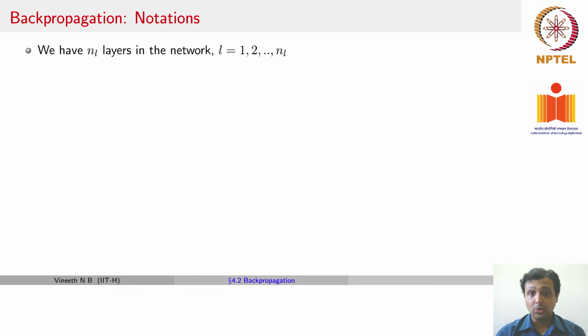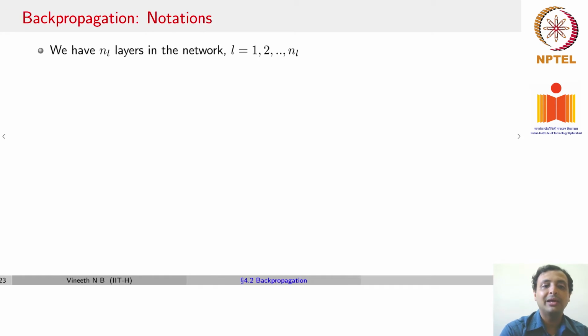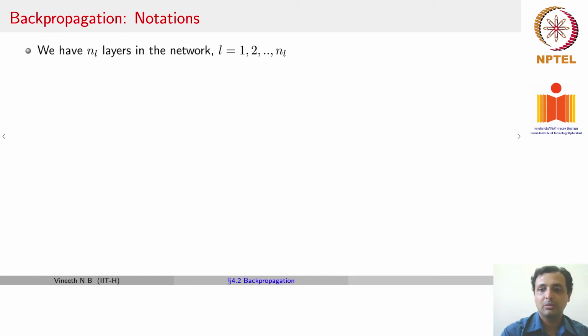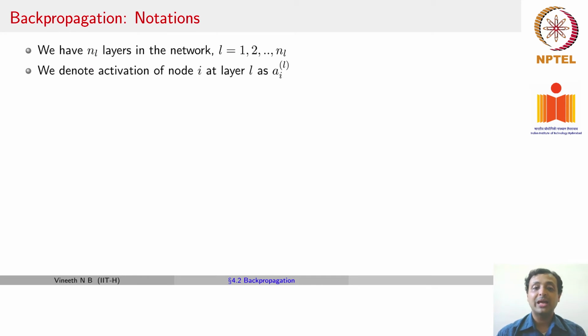Let's now define the notations to be able to define the backpropagation procedure completely. Let's assume that there are n sub L layers in the neural network, going from 1 to n sub L. Let's denote the activation of a node i at layer L as a sub i superscript L. Remember, every layer has a set of neurons.